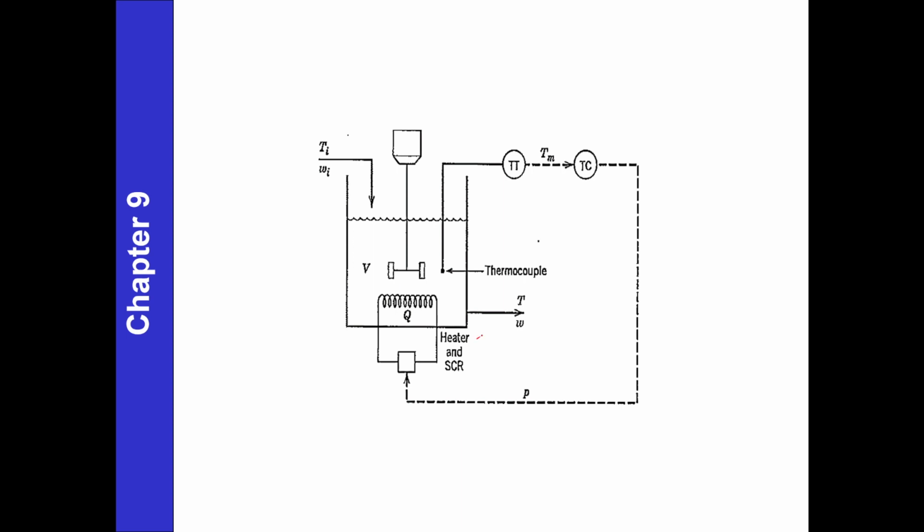Then this heating process involves energy balance and mass balance. So if you want to create a dynamic model for it, you have to take mass balance and energy balance together.